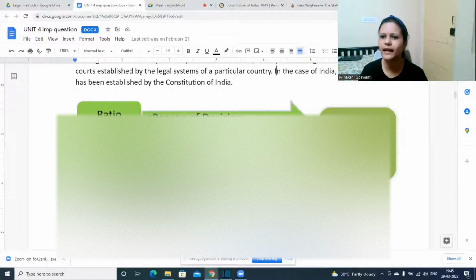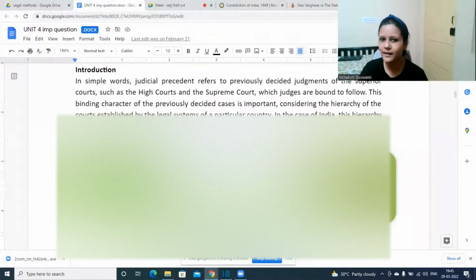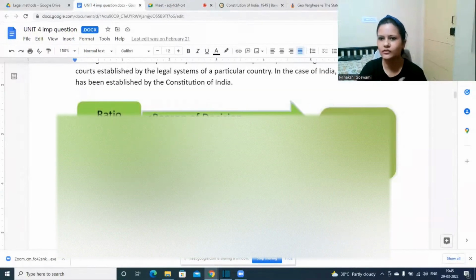The court has just made an observation. It's not as important as ratio decidendi, but general observations are also important. Depending on those observations, some steps might be taken, that in so-and-so case, the court had observed that maybe we need to improve the free and compulsory primary education that we are providing.